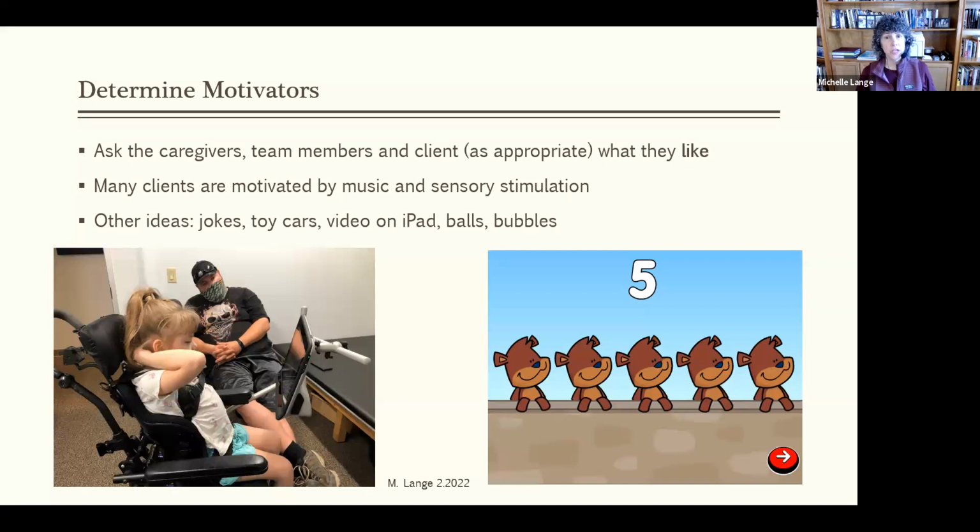Other things that can really engage clients are jokes. Really lame dad jokes work well. Toy cars, maybe videos on an iPad, balls, bubbles, that sort of thing. This young lady here has Rett syndrome, and she is now using eye gaze to a limited extent and accessing communication.